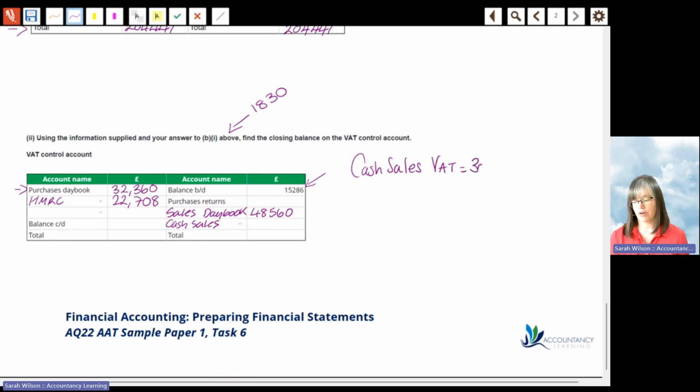So we take our gross figure, we're going to divide it by our 120, or 1.2 if you prefer to work in decimals, and then you multiply that by the 20% or 0.2, and then you get 5,100. Now that's your VAT figure.